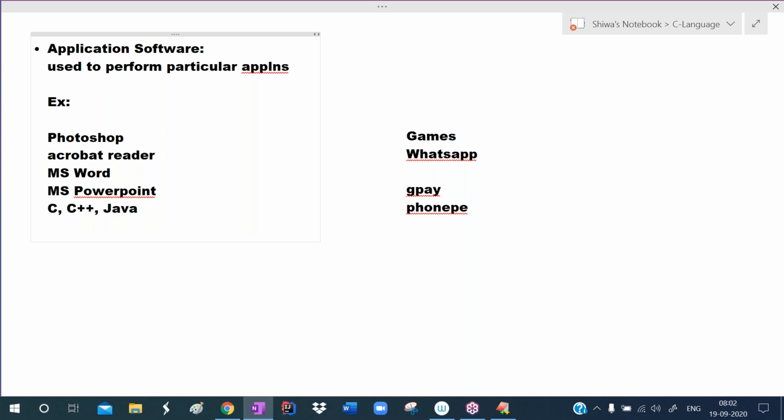Now you are learning C language. If you want to practice C programs, you install the C software. If you don't want to practice C programs, then you will not install. So if required, you install. If not required, you do not install. Such types of softwares are called application softwares. So to perform particular applications, to write the C programs, we use C software.